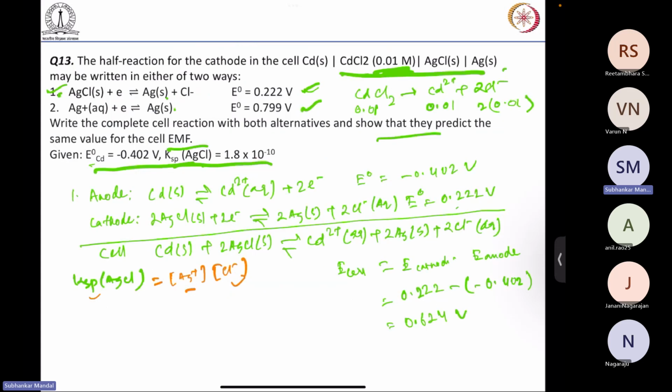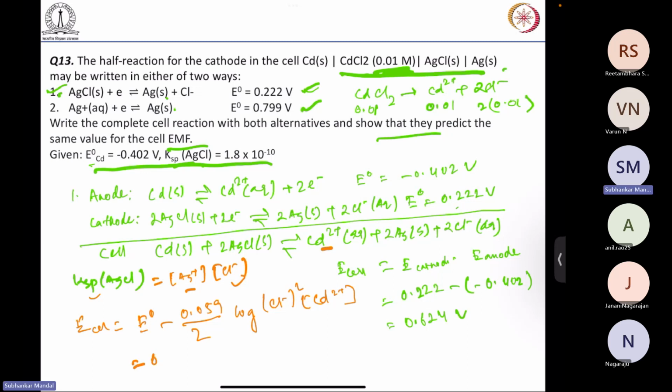So next, this one also you have to calculate now. E cell is equal to E naught minus 0.059 by 2 log of Cl minus whole square and cadmium 2 plus, from this equation. Okay.